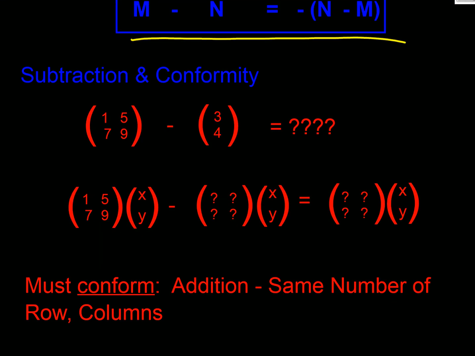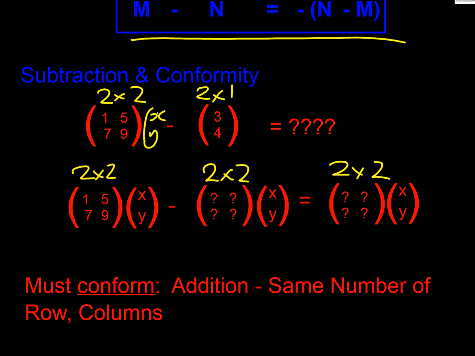But again, if we have a 2 by 2 matrix and we take away another 2 by 2, well, we know we're going to end up with a 2 by 2. But if I've got a 2 by 2, I can't really take away a 2 by 1 because I'm not sure which column to take it away from. I could try and take it away from both, but it wouldn't really work because if I put x, y behind it, this makes no sense.